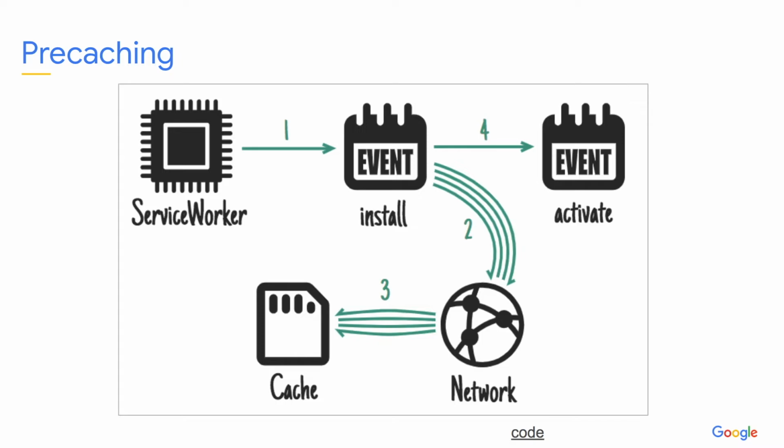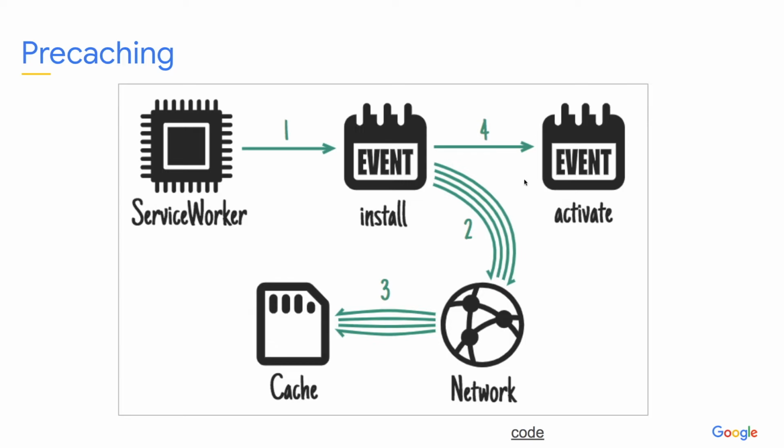So we will want to create a pre-cache, which means that we will put our static assets into a specific cache, and we can do that automatically with Workbox. So once our service worker is set up, and when we have the install event, we go on the network to fetch our assets, so CSS, JavaScript, and things like that, and we will put that in the cache.